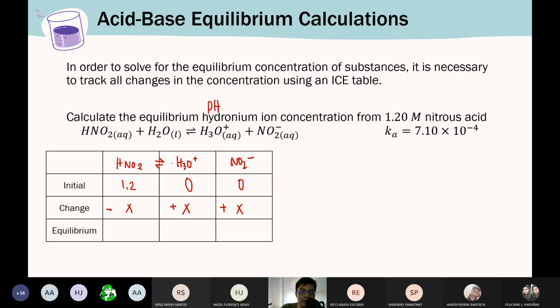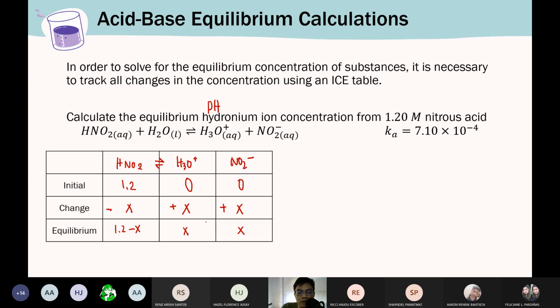And then, for the equilibrium row, all we need to do is to combine the initial and the change. So, that will be 1.2 minus x, 0 plus x is x, and then 0 plus x, also x. Tapos, ano na gagawin? You have your equilibrium expressions.